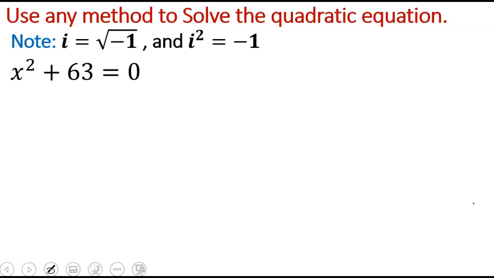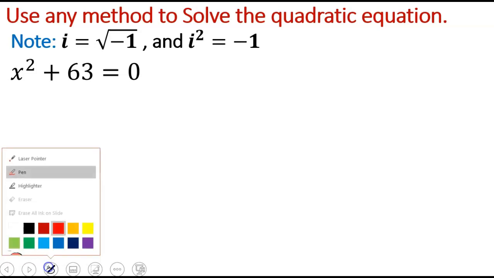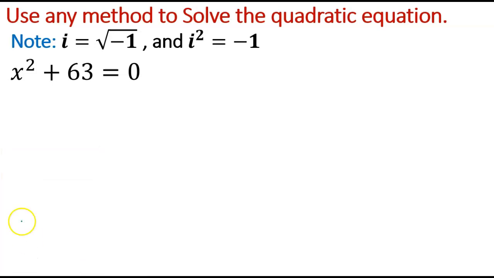Okay, how about this one? Again, at any time you can pause the video and try to solve the problem yourself first, and then check back with what I did. All right, so we can subtract 63 from both sides.